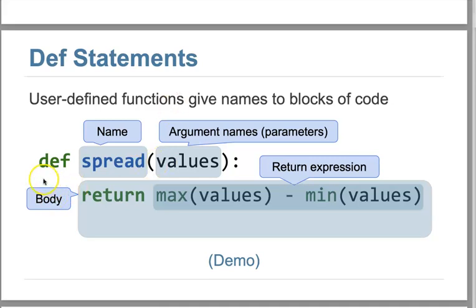Okay, so the structure for the function: the first thing you have are the two keywords, def (define) and return. So make sure you have these two keywords. Then before the colon, you need to specify the name of the function.